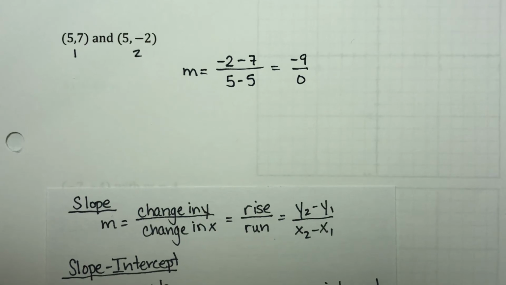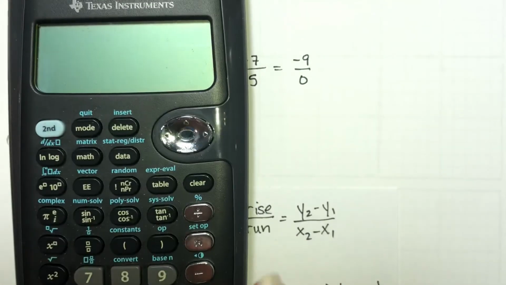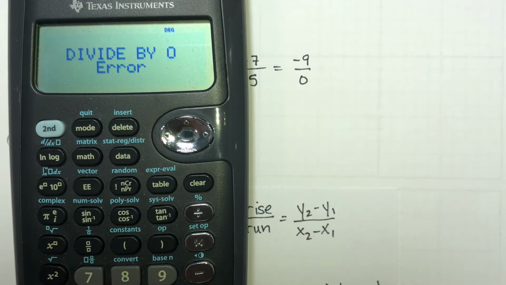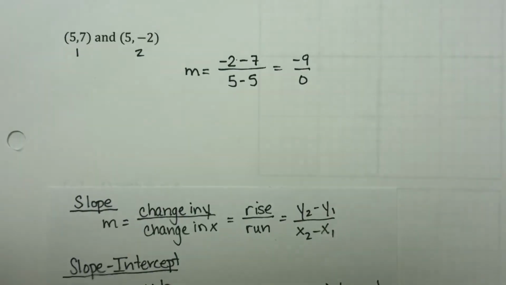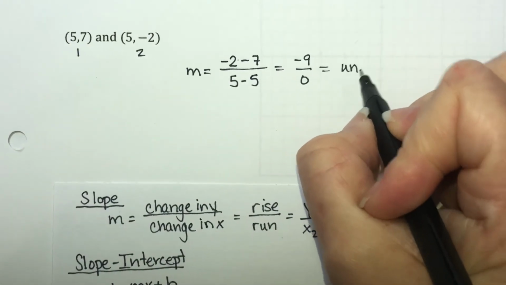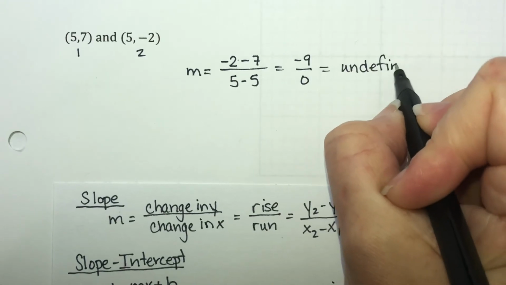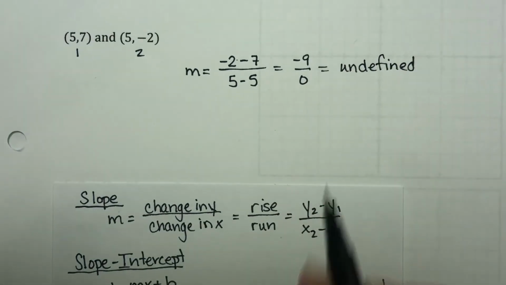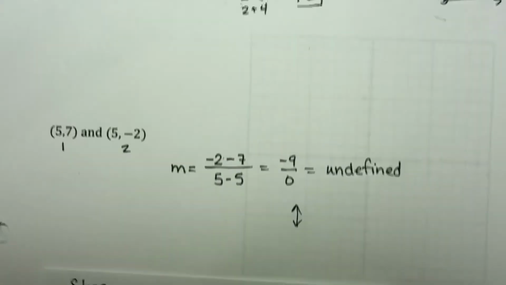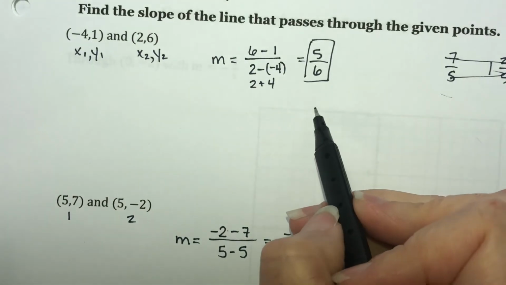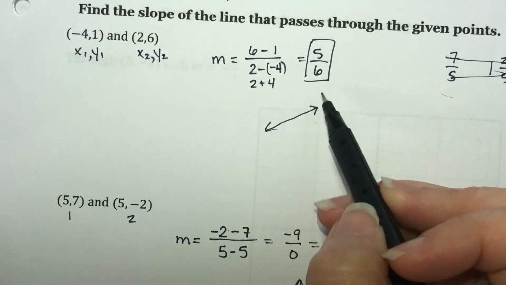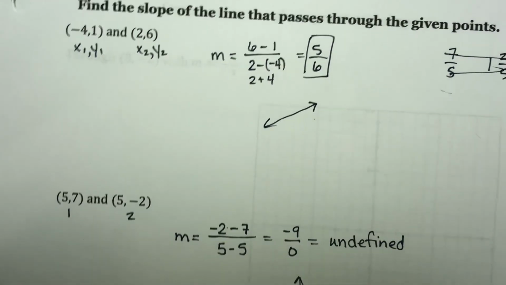If we do, we get an error. If you try it on your calculator, negative 9 divided by 0 gives you a divide by 0 error. We're not allowed to have a 0 on the bottom. This is undefined. That means I'm going to have a vertical line here, just making some connections. In the last one, I had a positive number, so my graph is going up. 5 over 6 is a fairly small number, so it should be pretty flat.